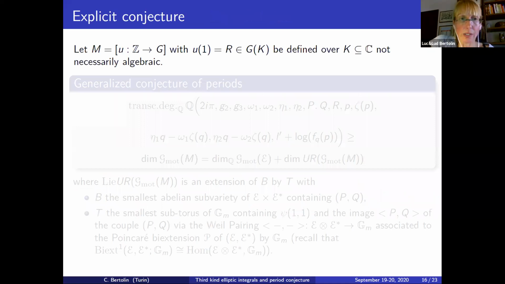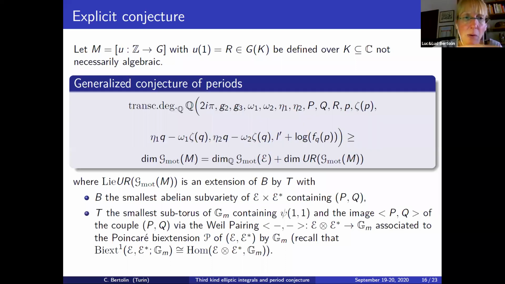So if we consider our 1-motive, now we have computed the periods. Explicitly, in our case, the quaternion period conjecture becomes the transcendence degree over Q. Then I put g2, g3, P, Q, R because they belong to the field of definition of the 1-motive.